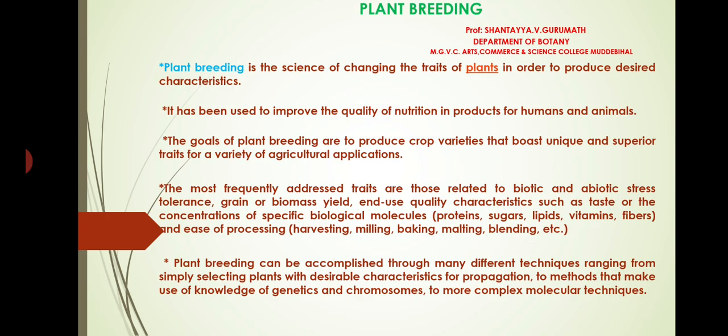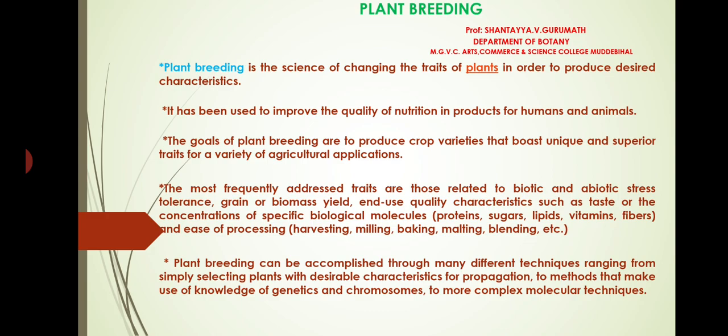animals. The goal of plant breeding is to produce crop varieties that boast unique and superior traits for a variety of agricultural applications.